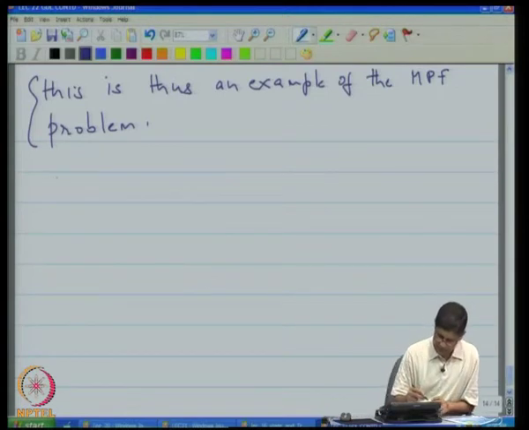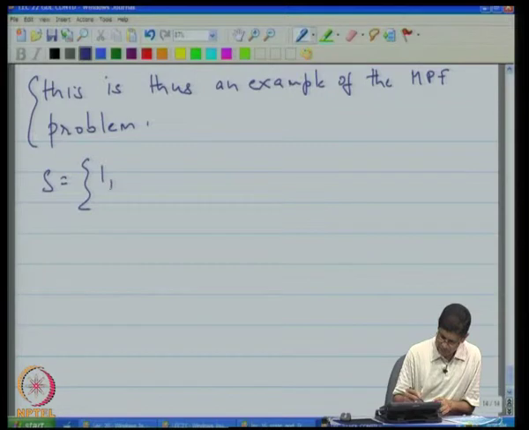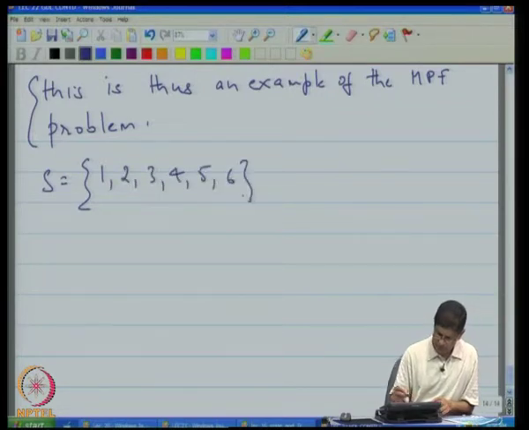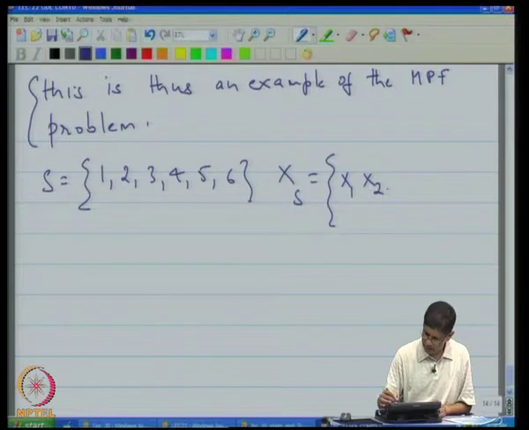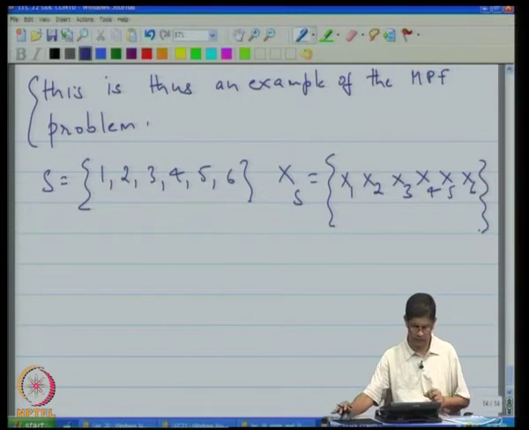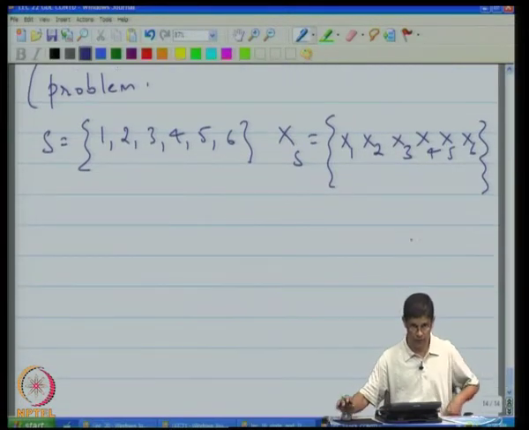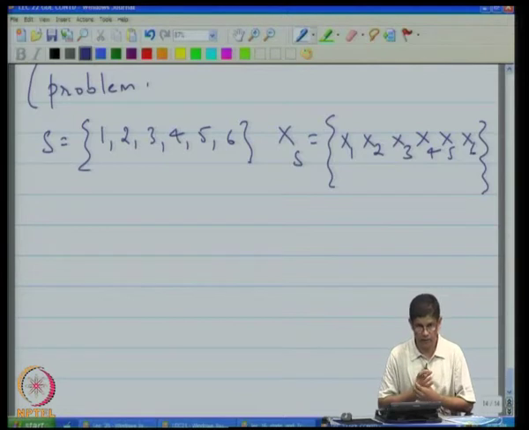Here your universal set is just 1, 2, 3, 4, 5, 6. So, x sub S is therefore x1, x2, x3, x4, x5, x6. This is your universal set and the corresponding local domain.